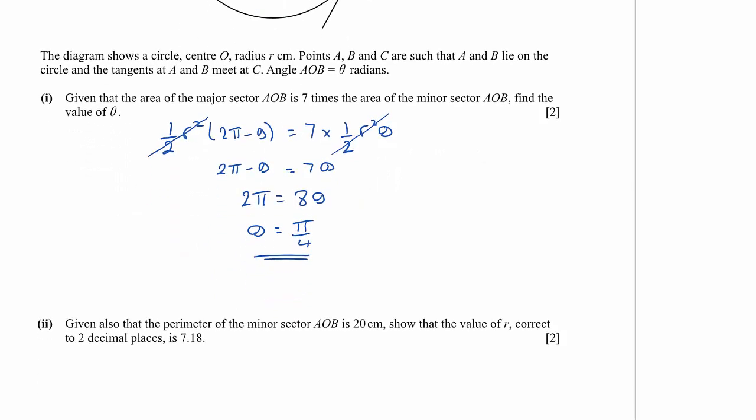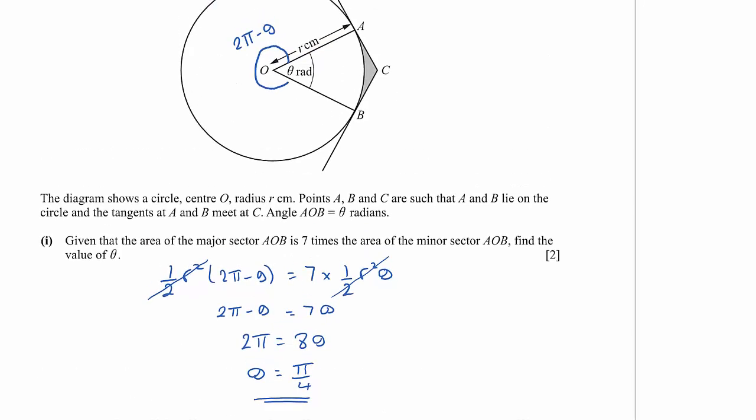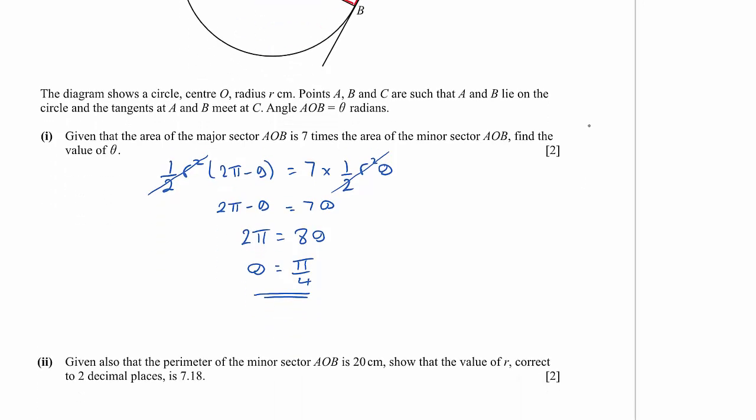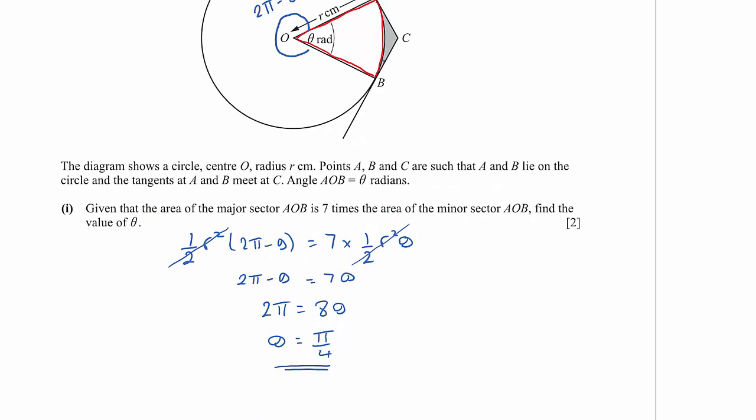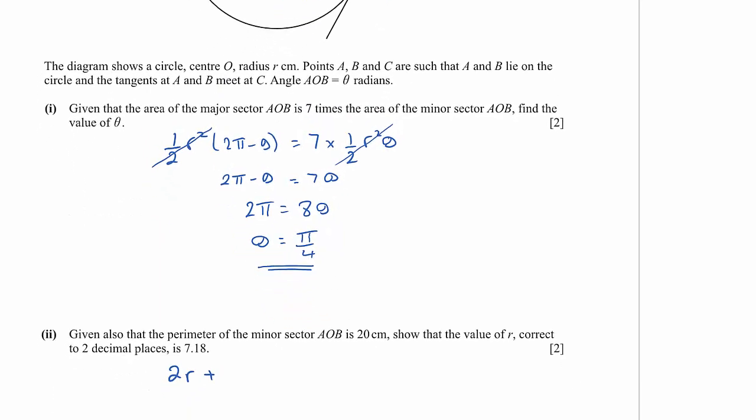So we're now given that the perimeter of the minor sector is 20 centimetres, and we want to find r. So the perimeter, remember, is the distance around. So all the way around like that. So we'd have 2 radii, so that's 2r, and the arc. And the arc would be r theta, which we now know is pi by 4.